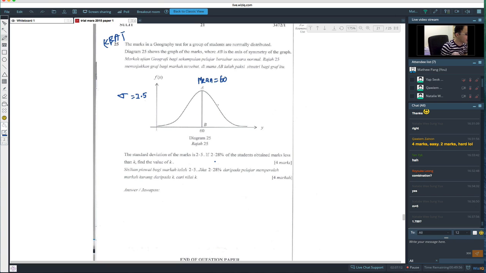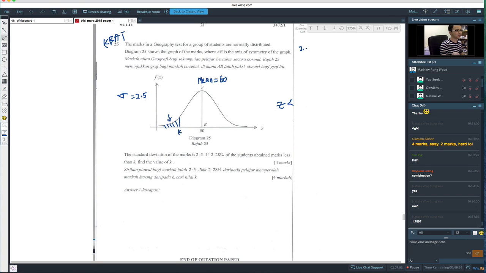If 2.28% of students obtain less than K mark. So if it's less than, I know the Z value table needs to go in this direction. So I assume K is here. Because here needs to be 2.28%. 2.28% means what?